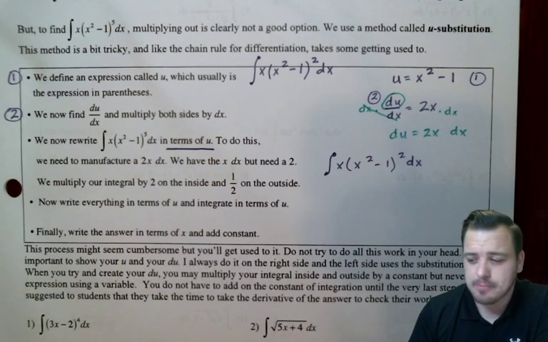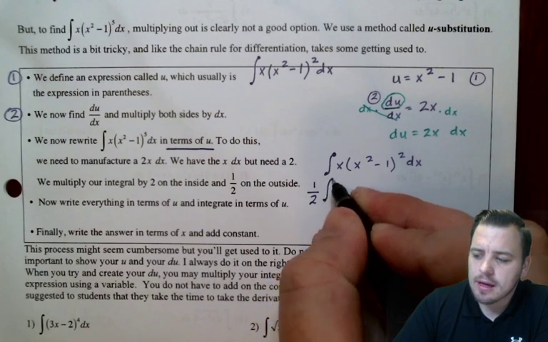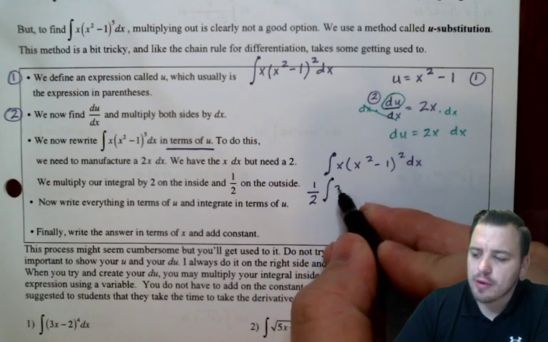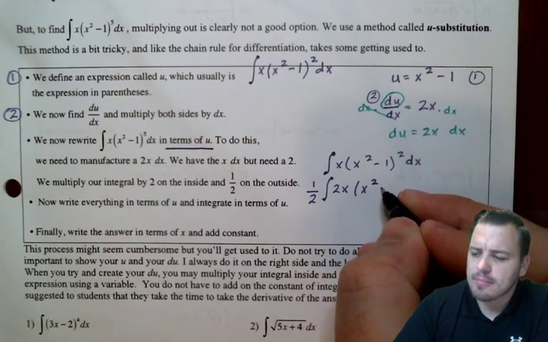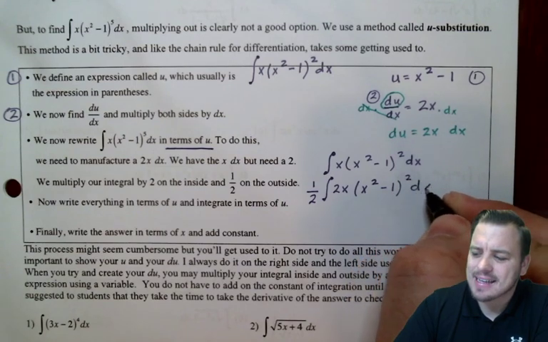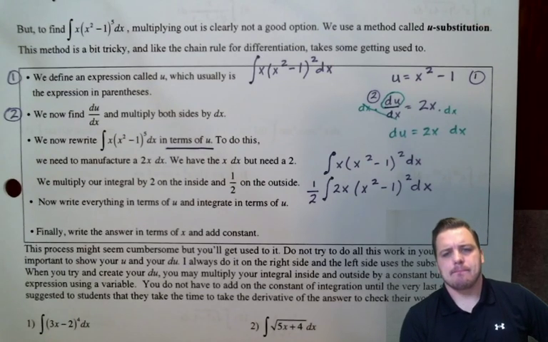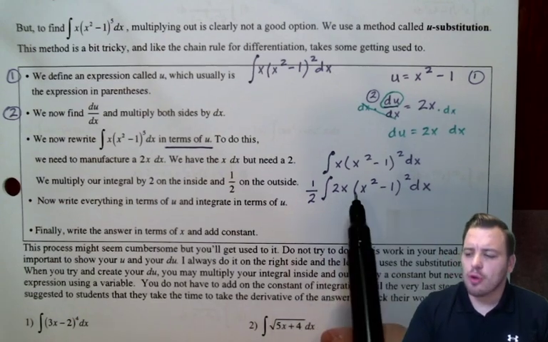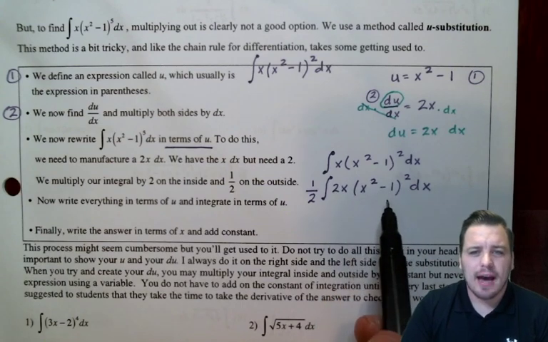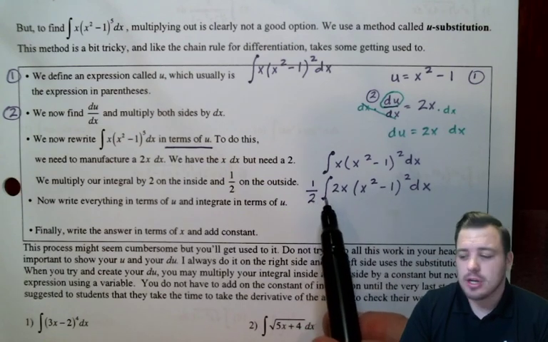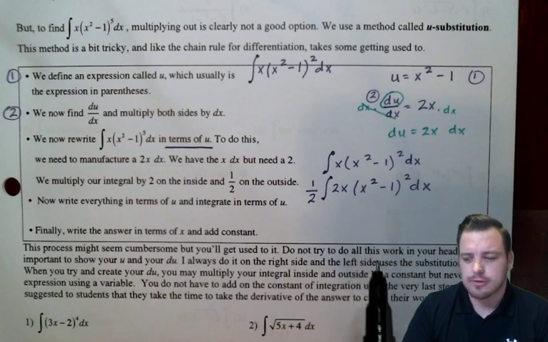So here's what that looks like: 1/2 integral, and now I'm going to put a 2 there, 2x, and then I have (x squared minus 1) squared dx. Whatever you multiply the inside of an integral by, you have to multiply the outside by its reciprocal. So if we multiply this side by 3, we multiply the other side by 1/3. That's just the rules of integrals.